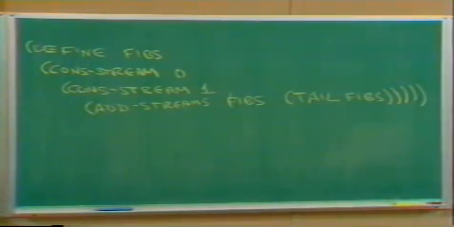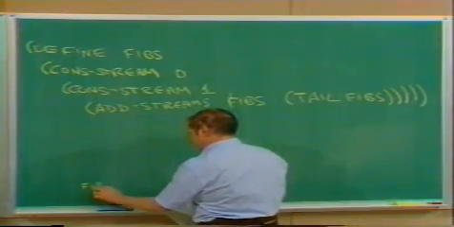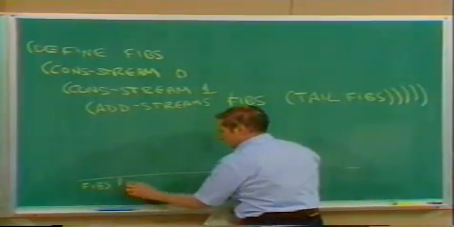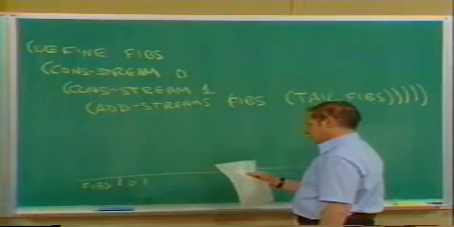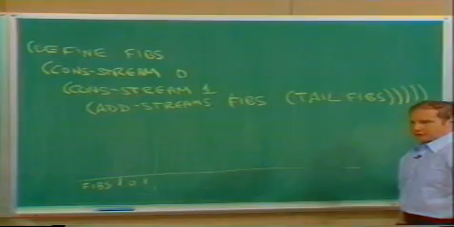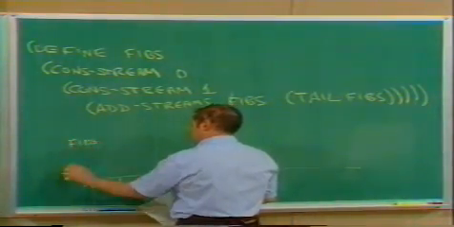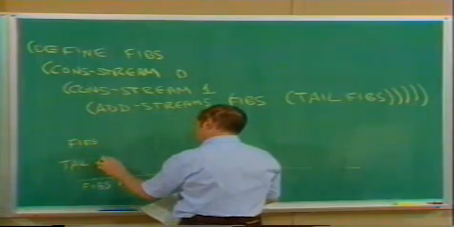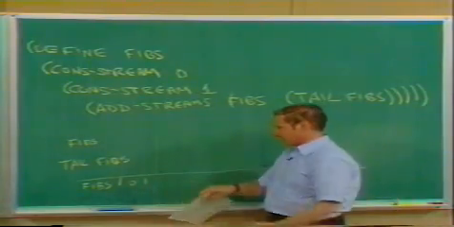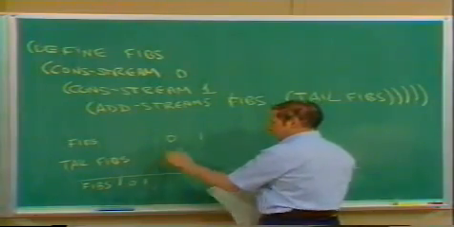How does that work? Well, someone says, gee, compute for us the Fibonacci numbers. And we're going to tell you it starts out with 0 and 1. And everything after the 0 and 1 is gotten by summing two streams. One is the fibs themselves, and the other one is the tail of the fibs. So if I know that these start out with 0 and 1, I know that the fibs now start out with 0 and 1, and the tail of the fibs starts out with 1.